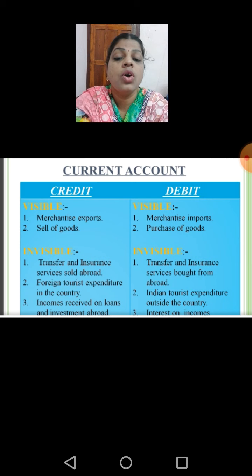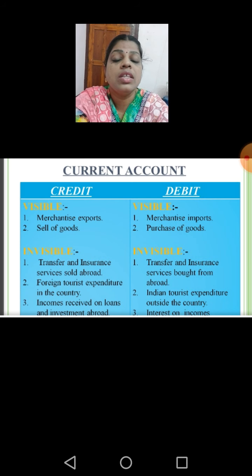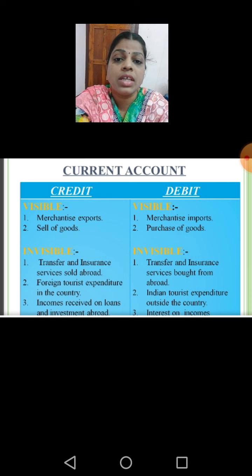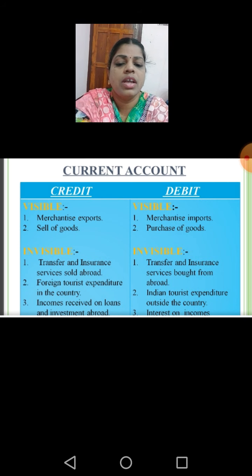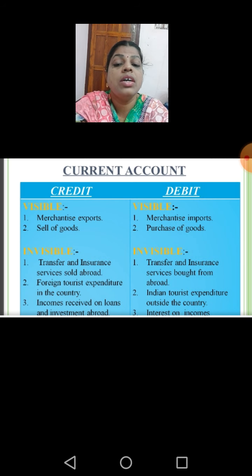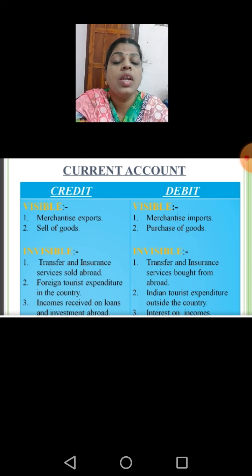So if Indians spend money for tourist purposes in other countries, that all will be debited. That is deducted from our account. And interest on the incomes and the investment made in our country.